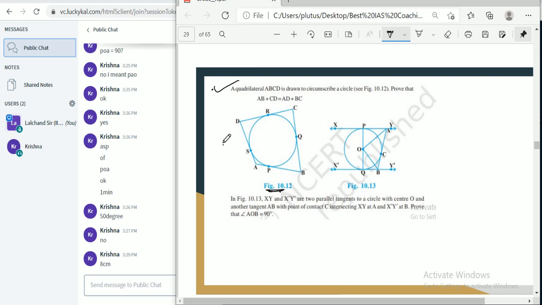So try to solve this question based on property of tangent. This is very important question, Krishna. So try to solve this question.